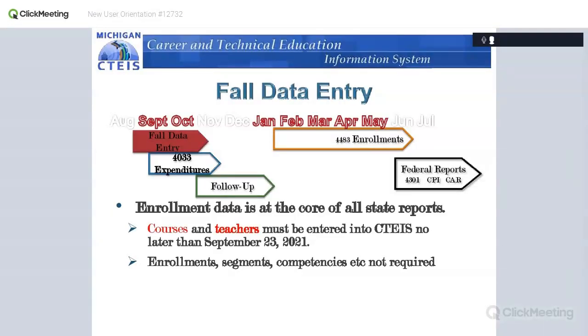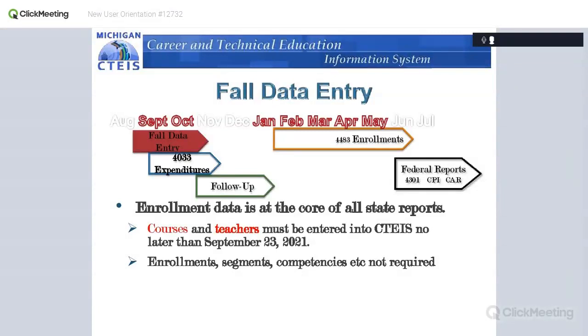All right. So looking at the fall, the first task we have is the fall data entry. And as I said before, enrollment is the core of almost everything that we do. And in the fall, what OCTE is looking for is a list of all the courses and the primary teachers that will be teaching them for that year.